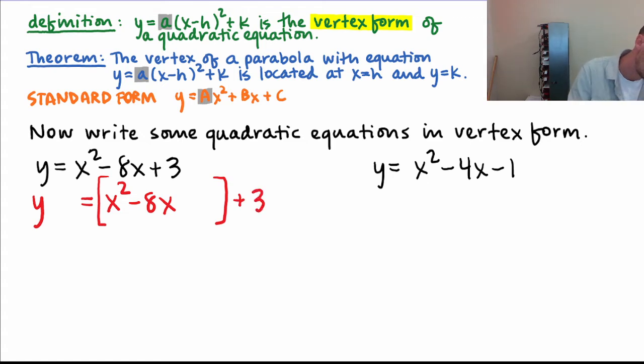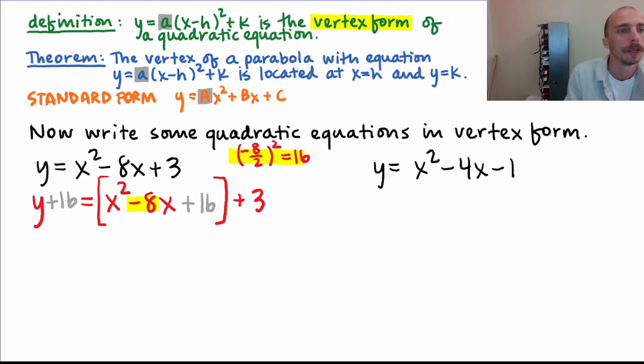Then I'm going to determine what number I need to add to both sides by taking -8, dividing it in half, and then squaring. Well, that would be -4 squared, which is positive 16. So I'm going to add 16 over here, and to be fair to both sides of the equation, I have to add 16 over there, right?